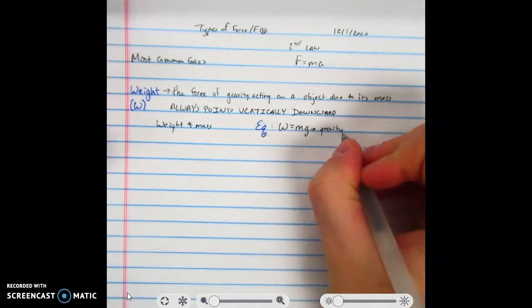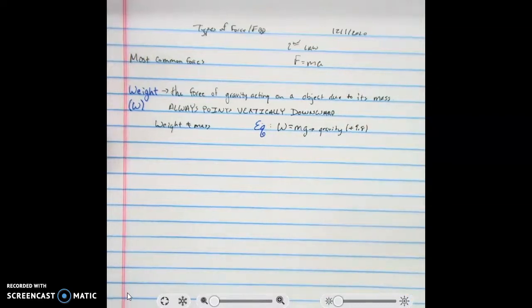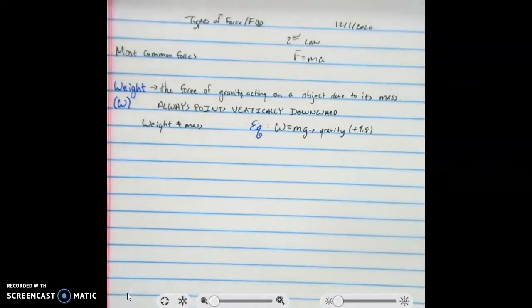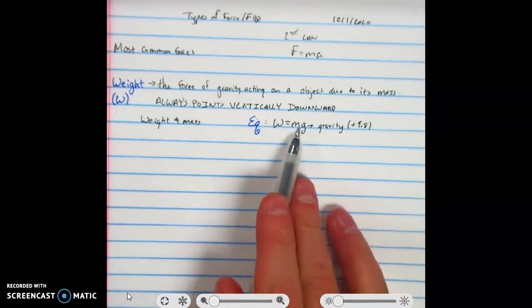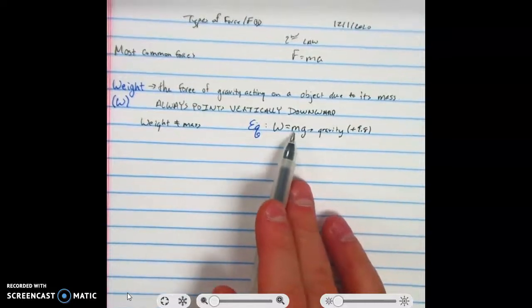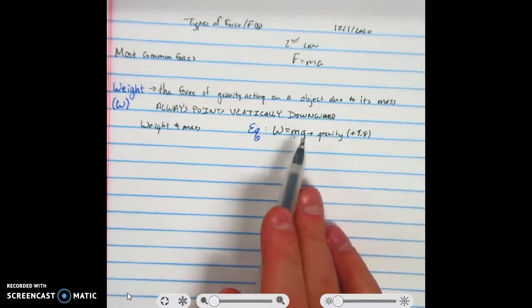Where g, remember that's gravity, is a positive 9.8. Mass is always positive. I know that I didn't say that earlier, but you can never have a negative mass. You just can't have anti-mass.